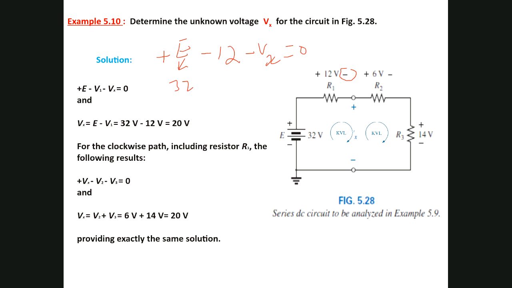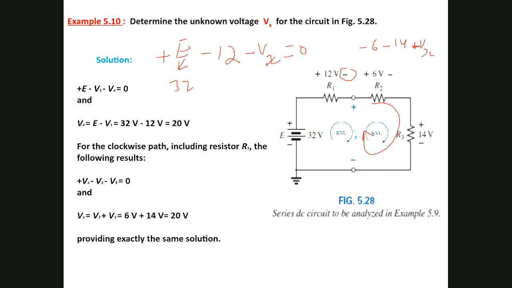Similarly here, you can start from any point, for example, here, then back to here, which is minus 6, minus 14, then minus Vx, sorry, minus Vx.